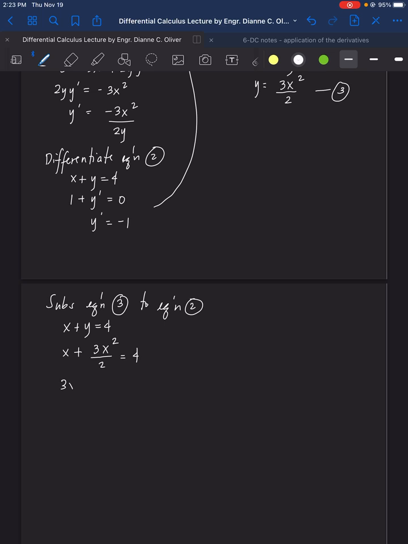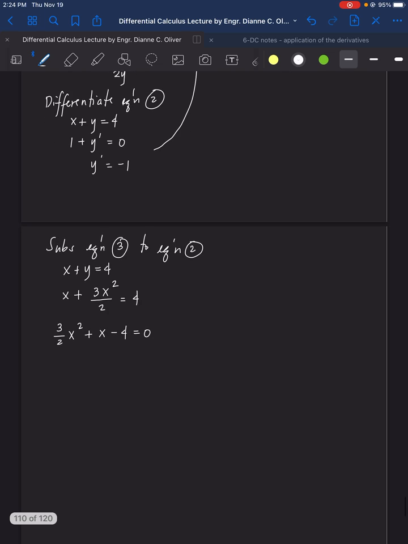Then we have, you can write it as 3 halves x squared plus x minus 4 is equal to 0. So we can actually find the values of x using the quadratic equation.